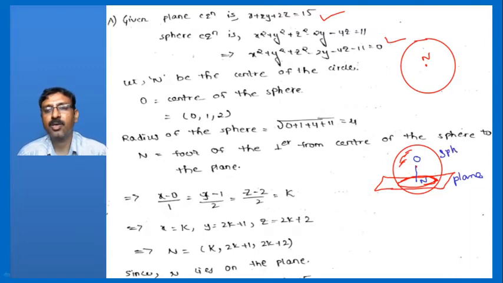This is our required circle. Here in this problem we are going to find the center of the circle and the radius of the circle.